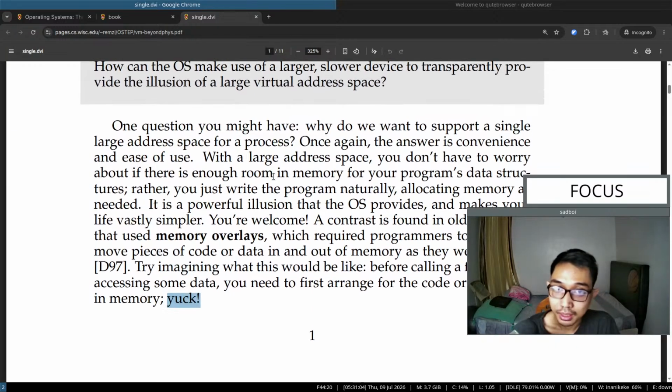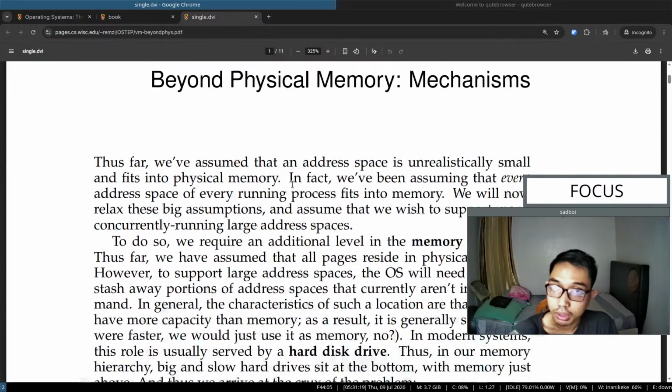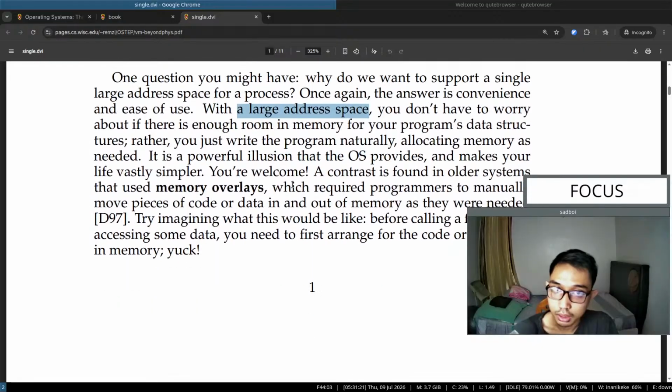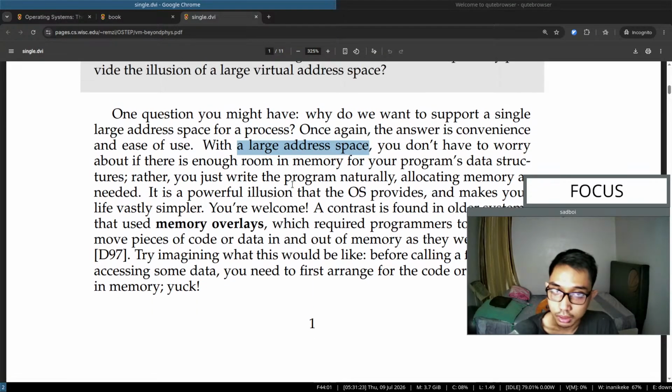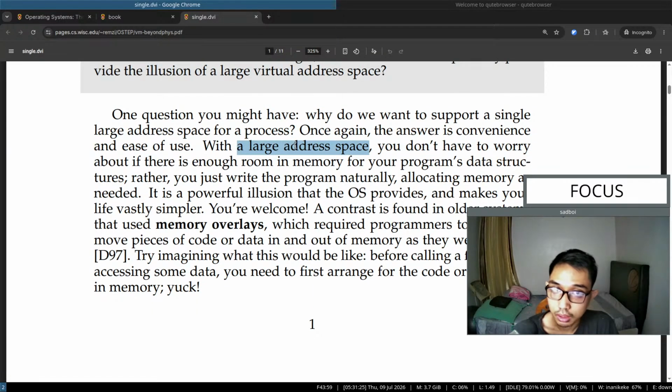Oh, is this what is it called? A linear... Oh, maybe this is not about paging, but about the address space itself.